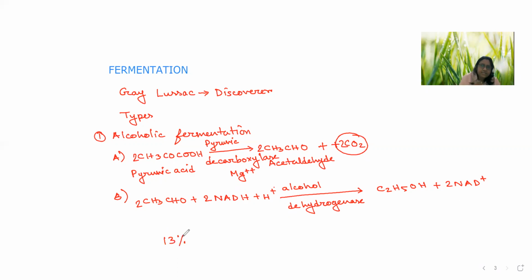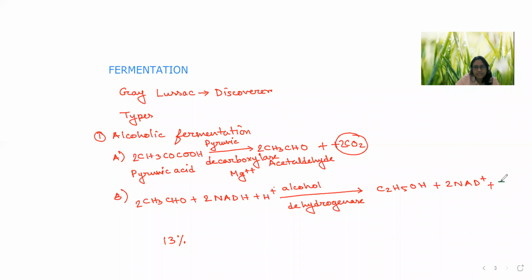After production, the ethyl alcohol produced by microbes, they don't keep it inside. What they do is they excrete it outside, because the main thing that they want is energy.